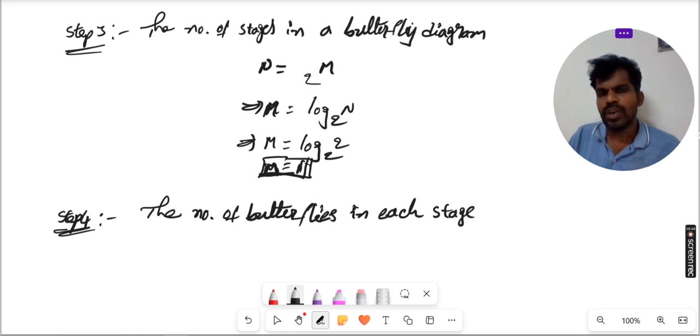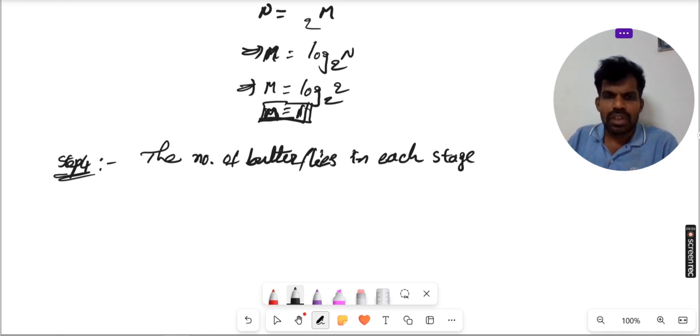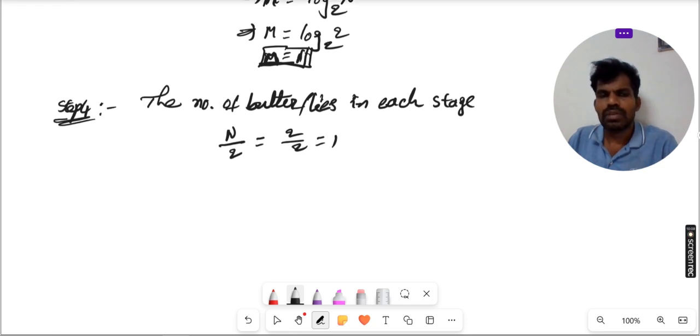For the given problem, how many stages in a butterfly? Only one stage. The formula to find out the number of butterflies in each stage is N by 2. We know the value of N is 2, so 2 by 2, that is only one butterfly.